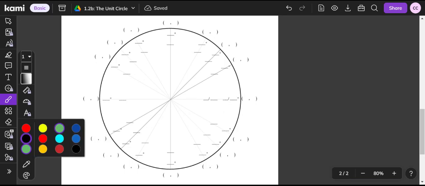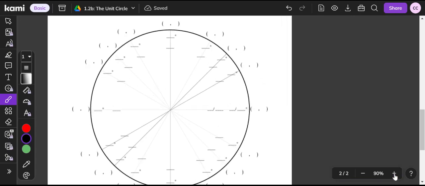Okay, so first things first, we have lots of blanks to fill in, all right? The center circle of blanks, those are radian measurements. The middle circle of blanks, those are degree measurements. You can kind of see the degree symbol. And then the outer circle of blanks, those are coordinate points.